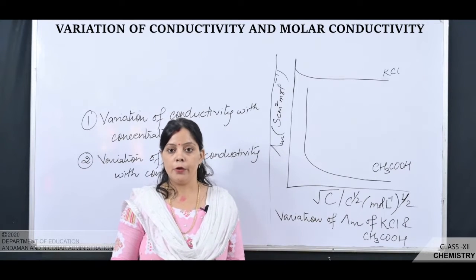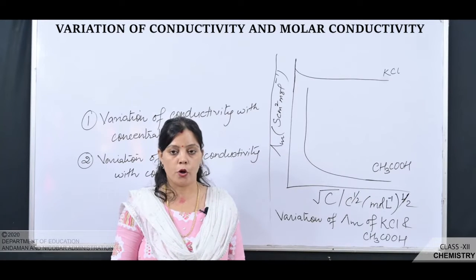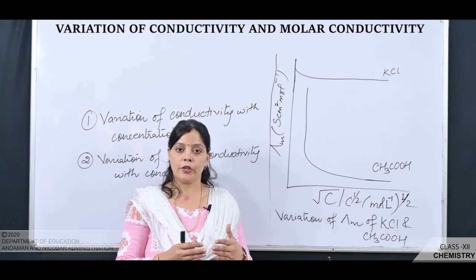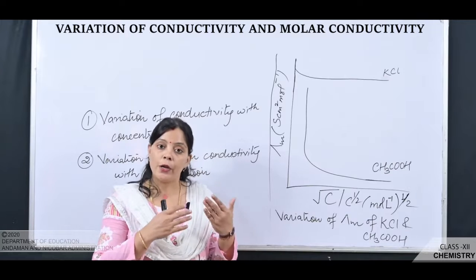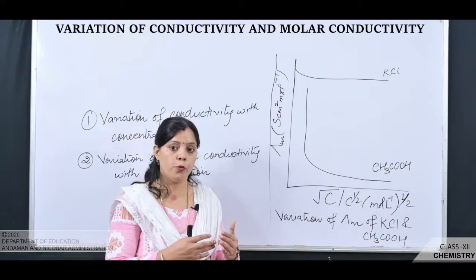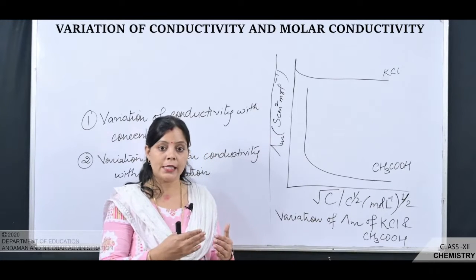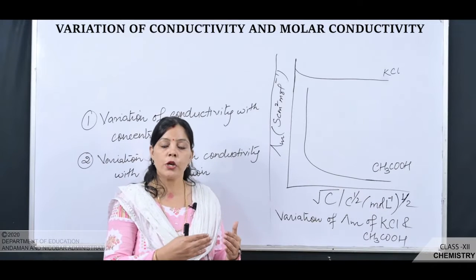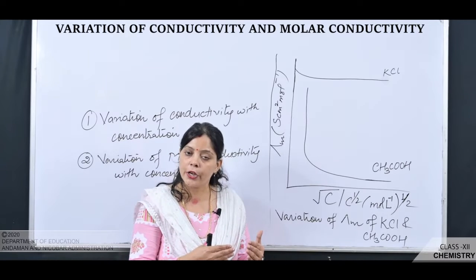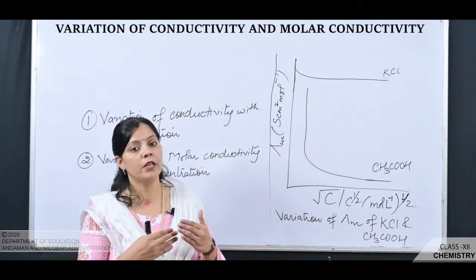With increase in dilution, the number of ions present in 1 centimeter cube volume of the solution decreases, because when we decrease the concentration, or dilute the solution, the number of ions decreases. When the number of ions decreases, the conductivity of the electrolytic solution consequently decreases as the dilution increases.